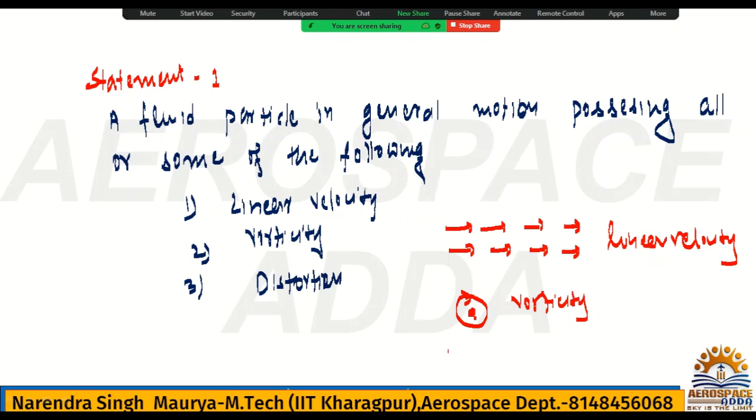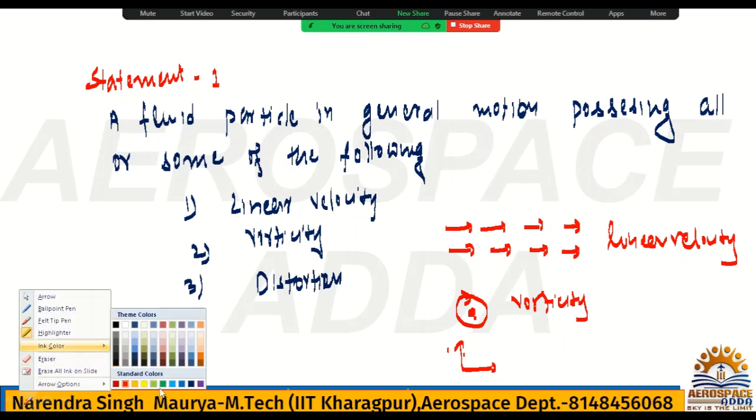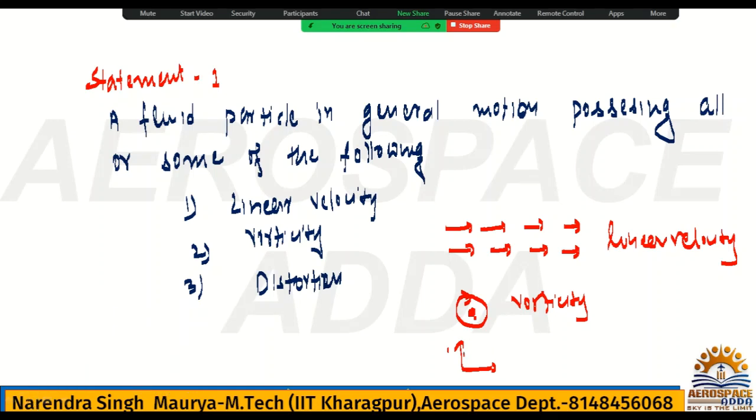Distortion. Suppose this is the axis, this is the fluid particle. The fluid particle should be like this, but now that fluid particle is distorting like this, like this. So this is called distortion.